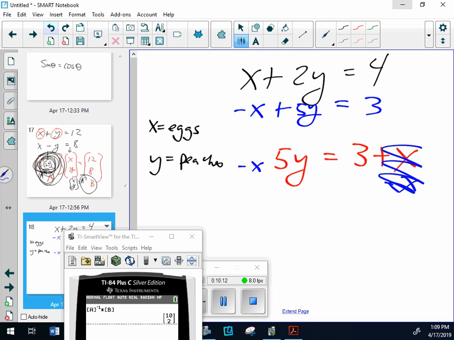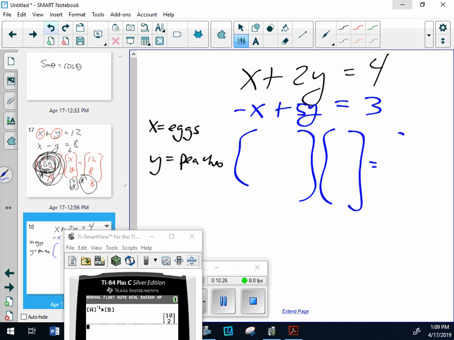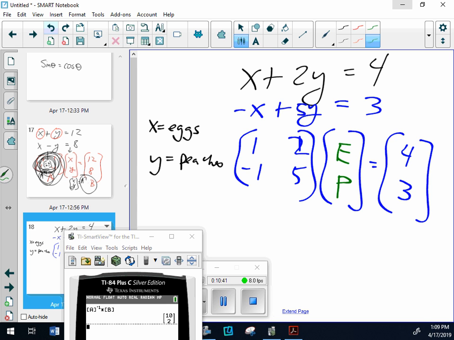I know some of you are like, but I did E and P. Well, that's fine. Did you line up your E's? Did you line up your P's? Okay. And next, this is important. When I make this little matrix equation for it, everybody knows it's going to be a 4 to 3. Everybody knows it's 1, 2, negative 1, and 5. But this is important. Should I just automatically put E and P here? Does it matter? Oh, it totally matters.